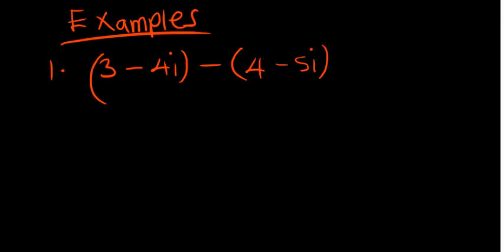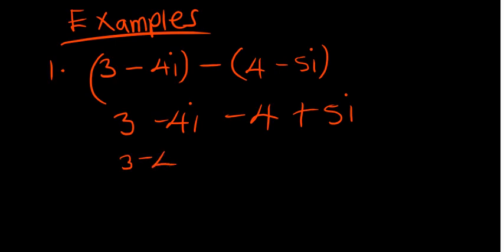So here you also say 3 minus 4i minus 4 plus 5i. So you group the like terms together. You say 3 minus 4 minus 4i plus 5i. So here it will give you negative 1, then negative 4 plus 5 will give you plus i. So this is the answer for this one here.